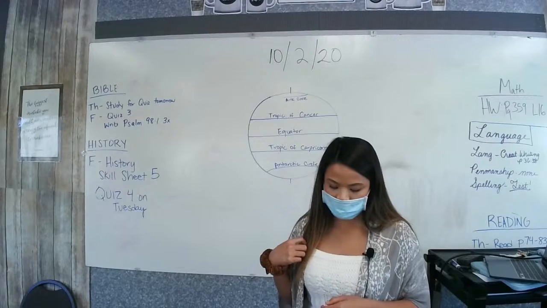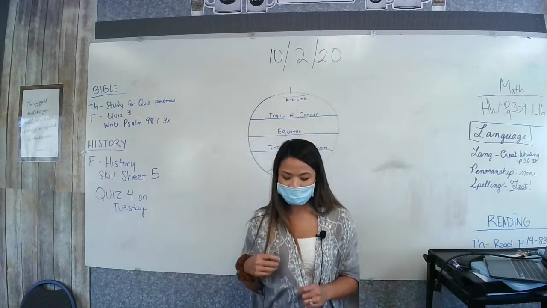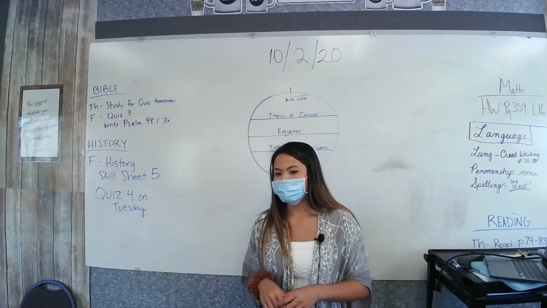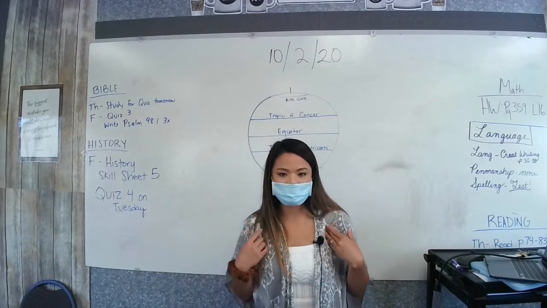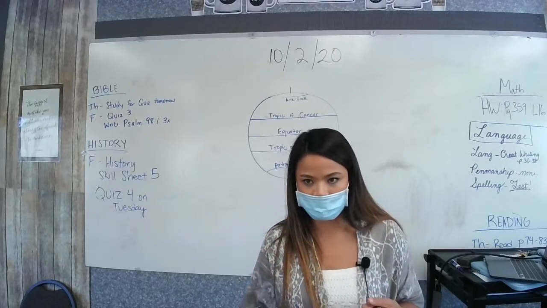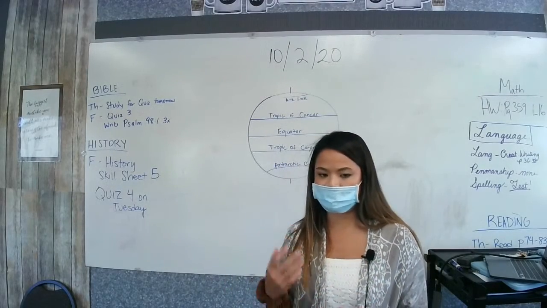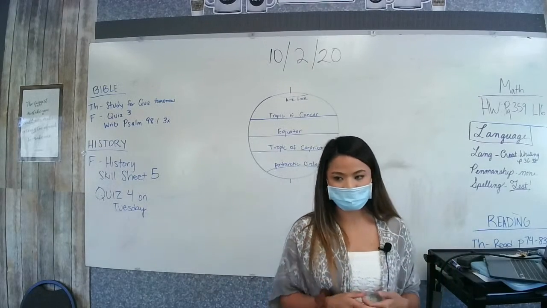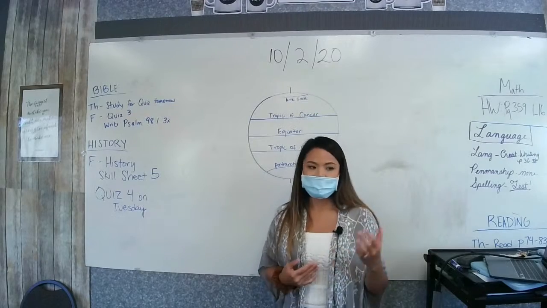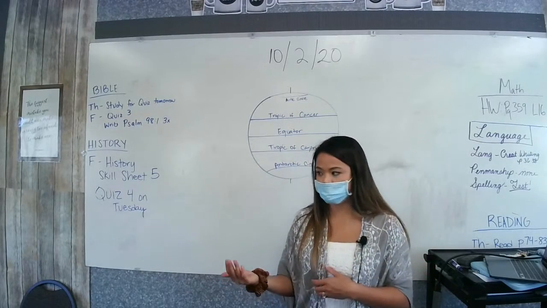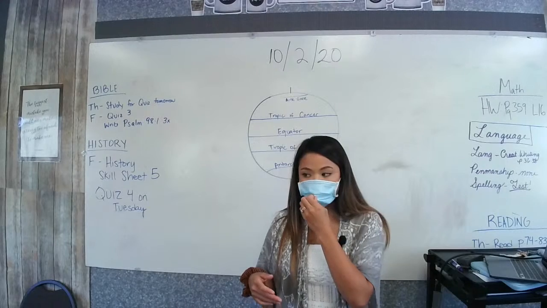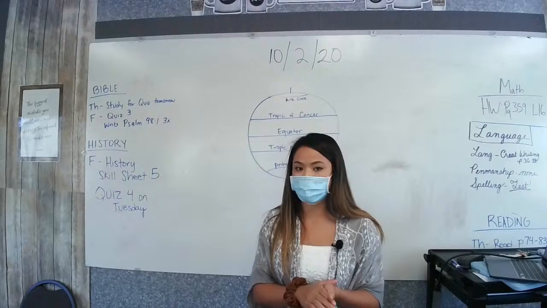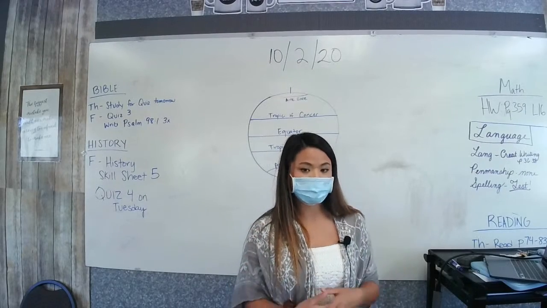So if I were a Lydian and I needed flour or food, and I had flour and food and wanted to trade it for purple dye from Phoenicia, then I would pack up my caravan, bring all the goods that I had, and trade with people from Phoenicia.